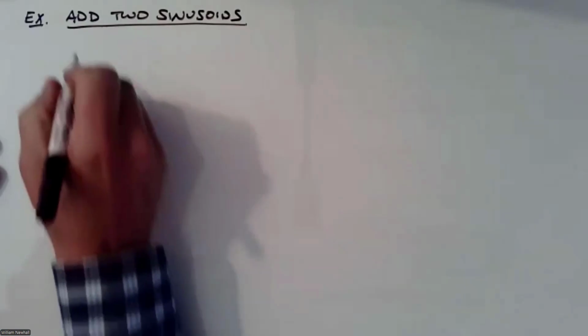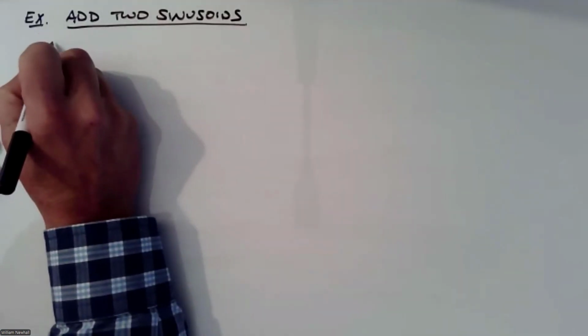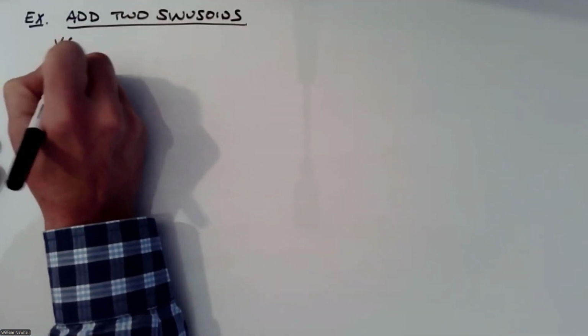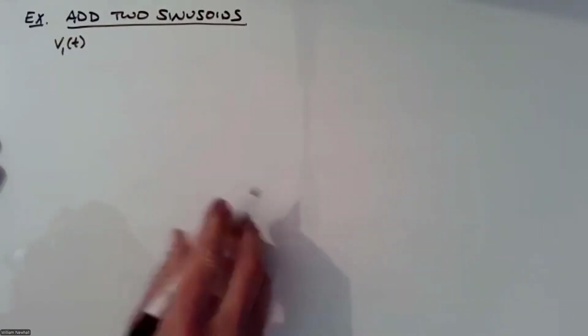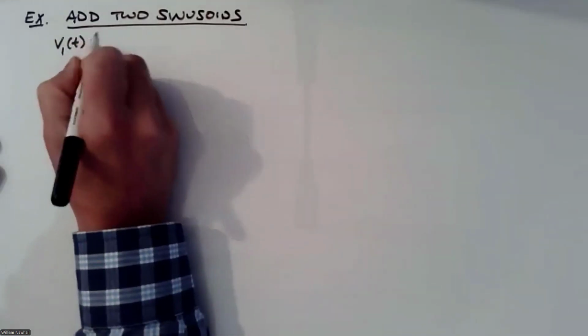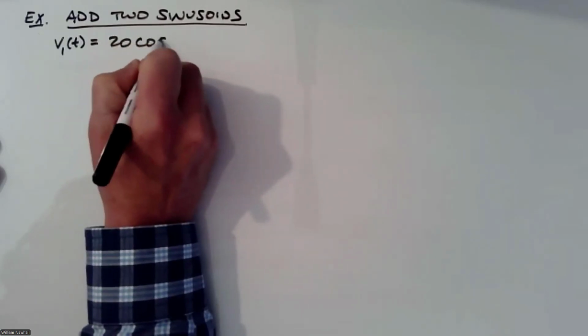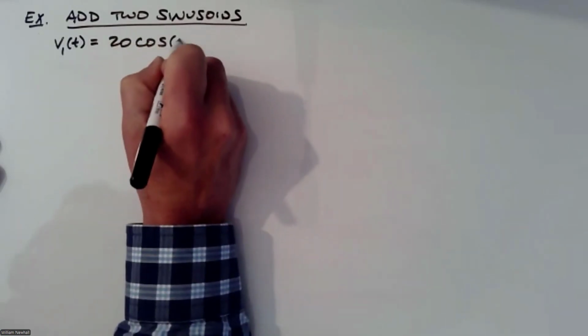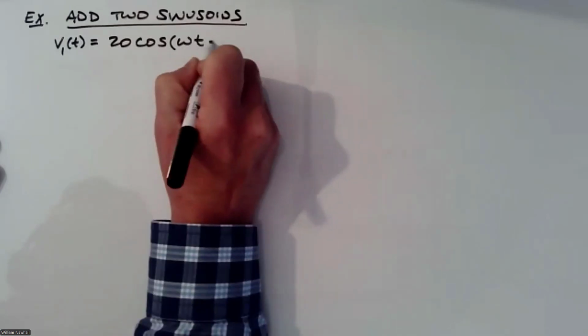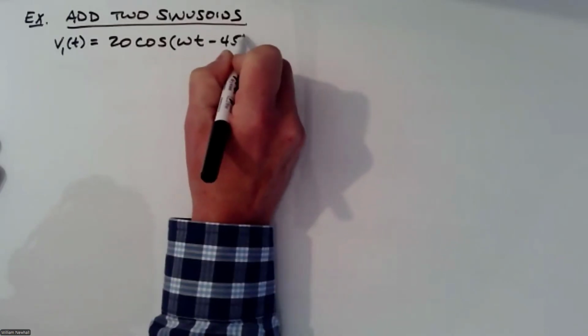So let's say we have a voltage sinusoid, V1 of t, and that sinusoid is 20 cosine omega t minus 45 degrees.